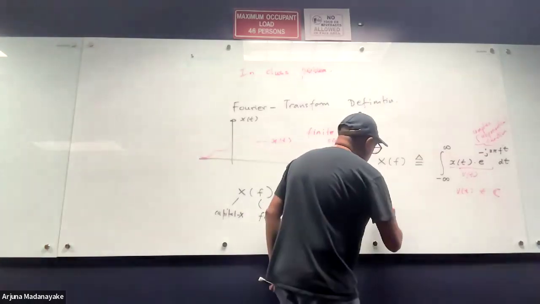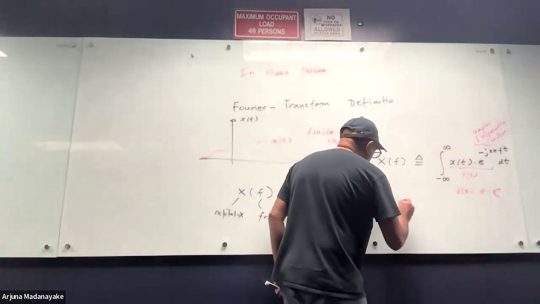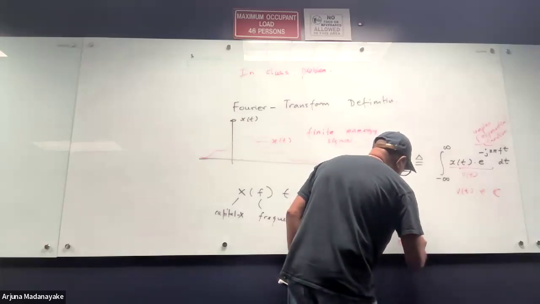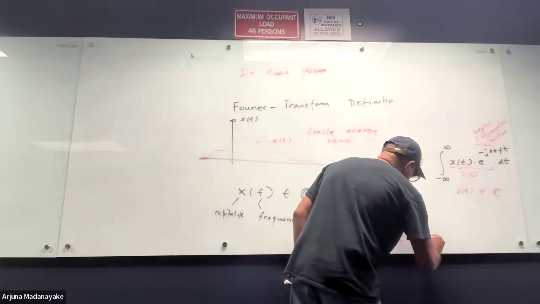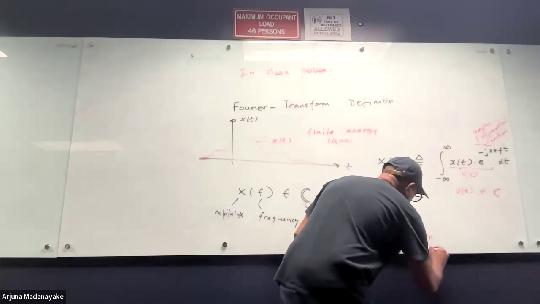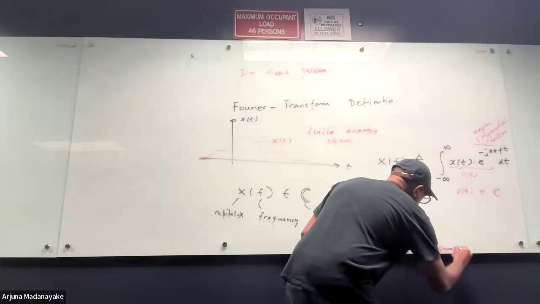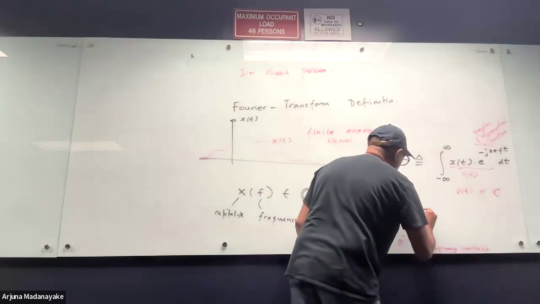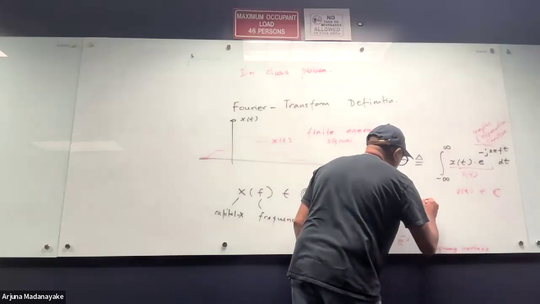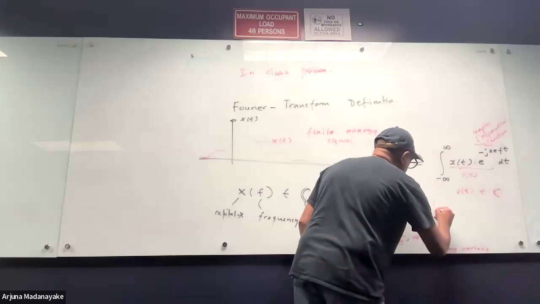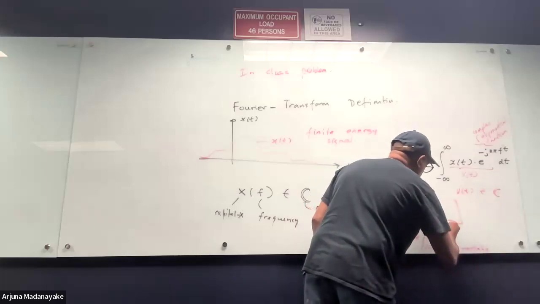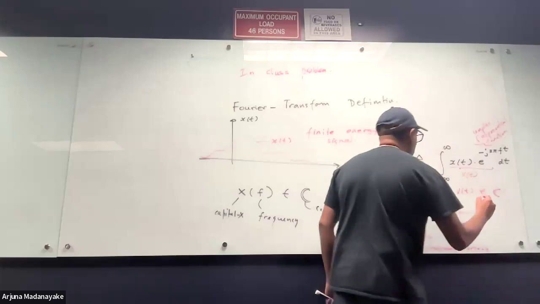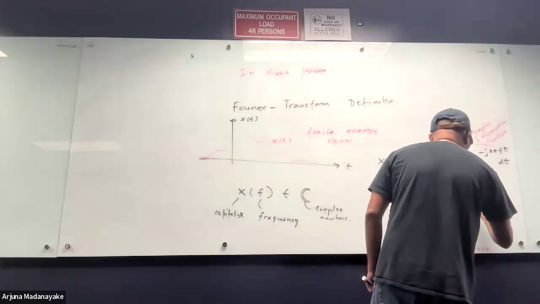You have x of t coming in, and you multiply that with another function, e to the minus j 2 pi f t, where f is my frequency value. It produces an output v of t, which we stick into an integral box, which gives us a complex valued function.